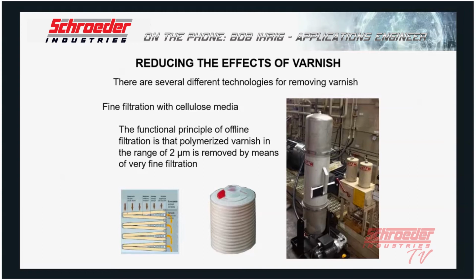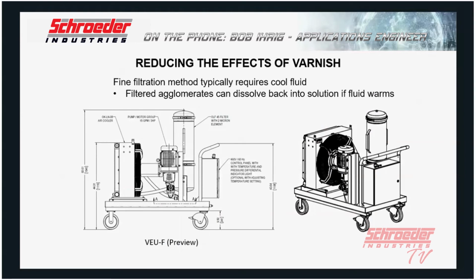The problem is, and how we're approaching this, who can keep the fluid temperature at a given temperature long enough to filter the varnish out and prevent that varnish from dissolving back into solution? This is where our new product release comes into play, at least for this presentation.